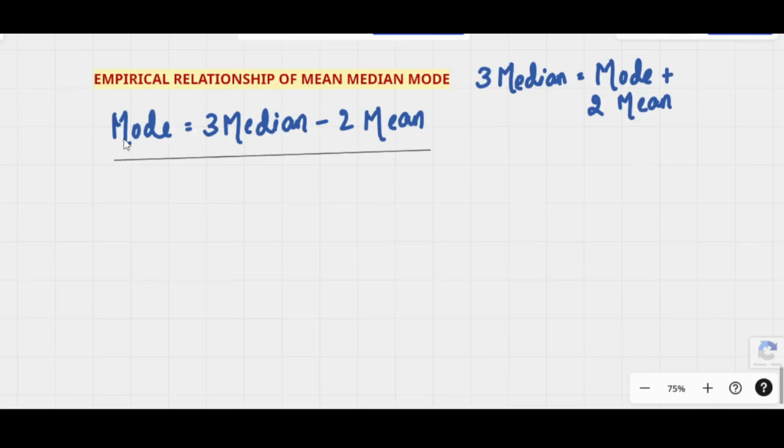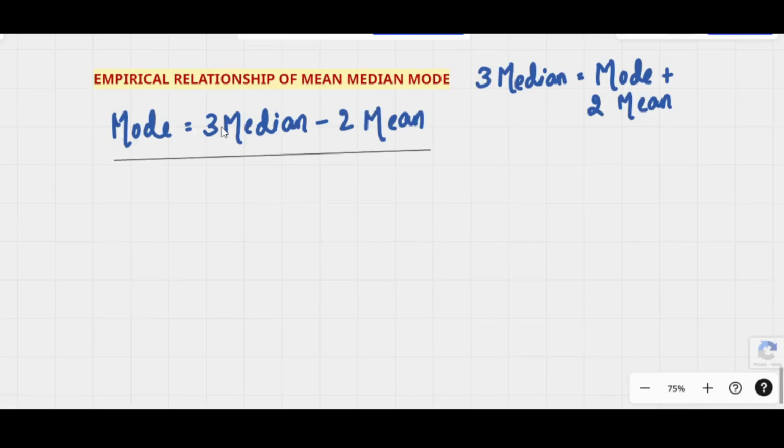I just want to solve one example on this relationship. Sometimes in the question they will ask you to find the mode, and also ask for the mean and median from the same table. You can find the mode directly from the question like we did in the previous question, and you can do the mean by the assumed mean method or step deviation method.